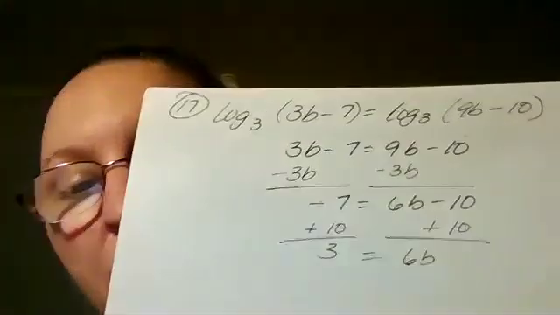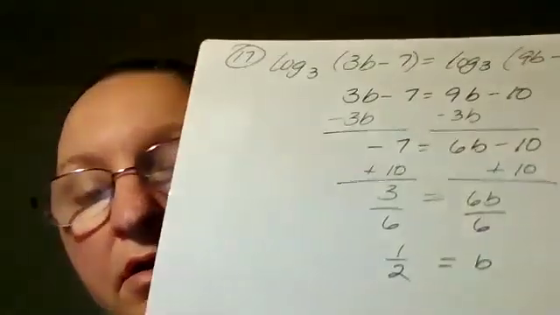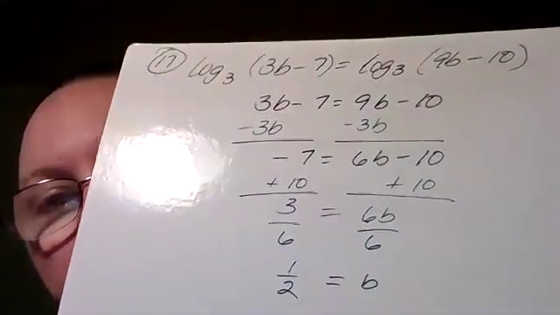I add 10 to both sides. Oh my goodness, I'm tired. 3 is 6b. I'm going to divide both sides by 6. And it's going to simplify like so.